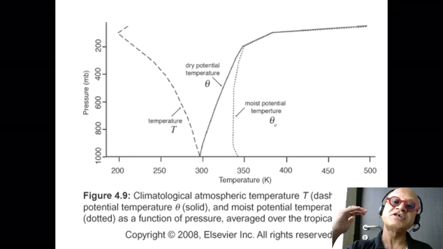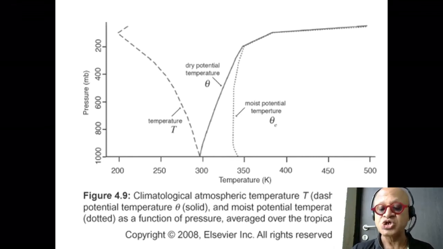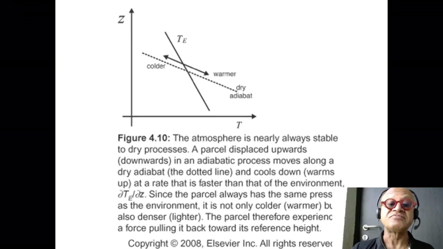So you always reference the parcel of air to a particular pressure so that all the parcels you're measuring are referenced to the same pressure. That's the dry potential temperature, and you add complications of moisture and you get moist potential temperature. We'll formally define them soon.